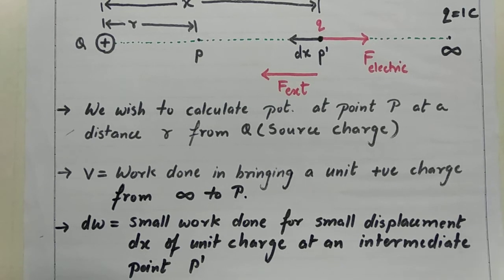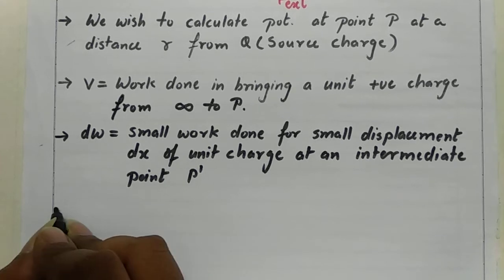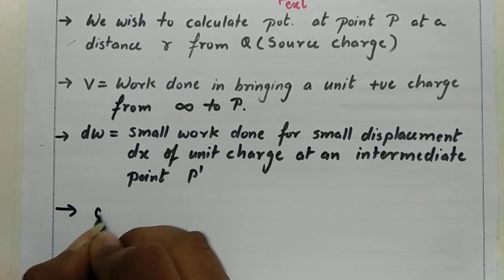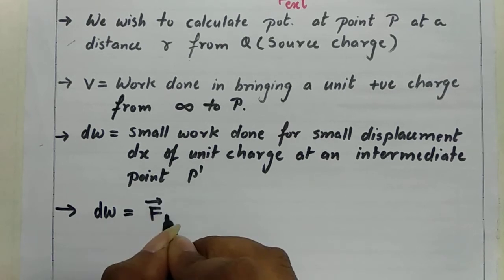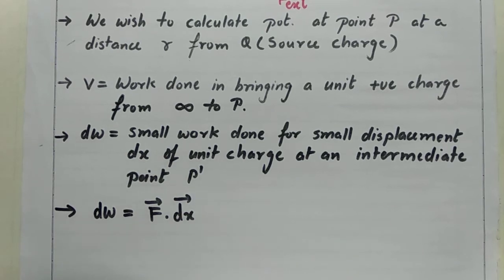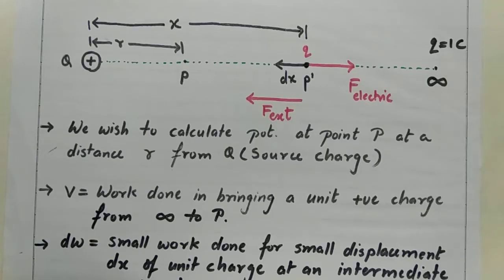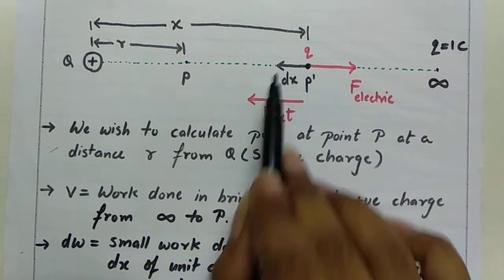So now I'll calculate that small work done dw. dw is equal to F dot dx. We know this formula of work done, force into displacement. What force is this? This is the electric force. Now just see in the figure, this is F electric and this is the displacement.